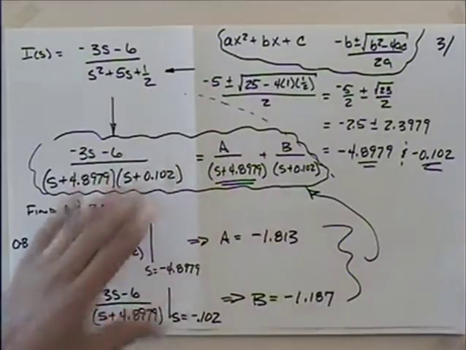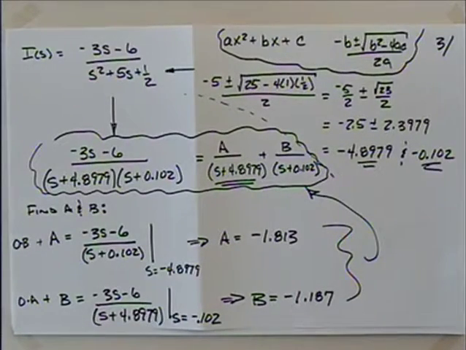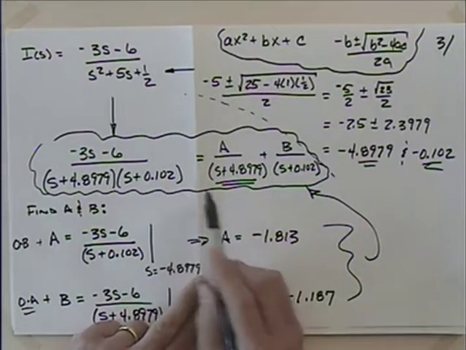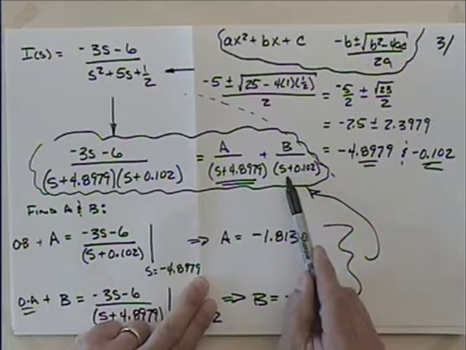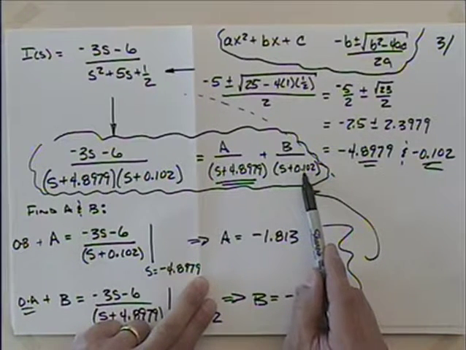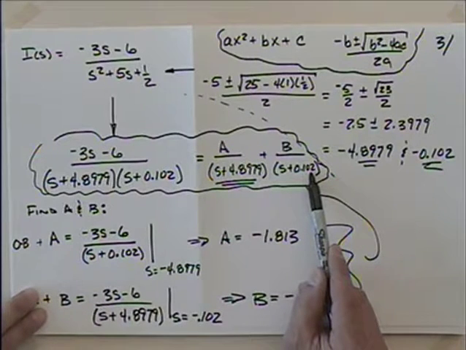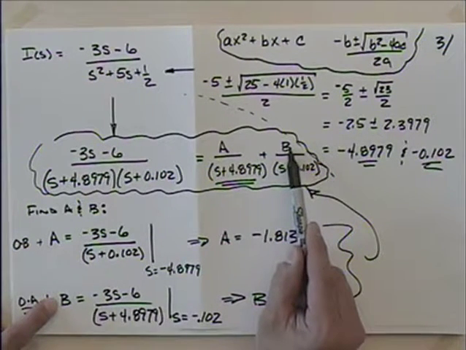Am I multiplying A by 0? Oh, here? Well, when I go up and look at this expression here, I'm going to be multiplying everything by S plus 0.102, right? So B is all alone.